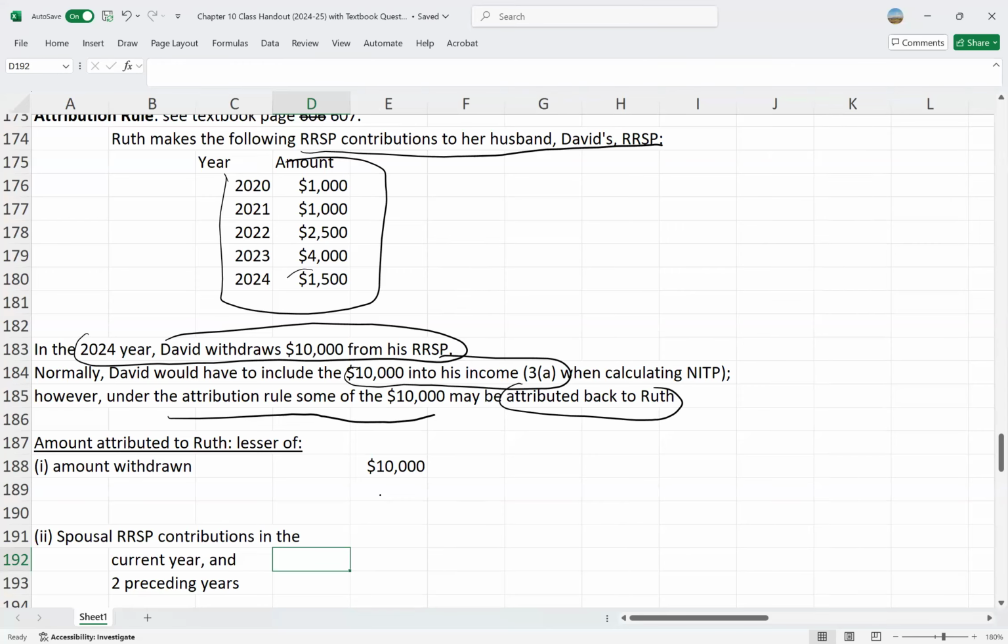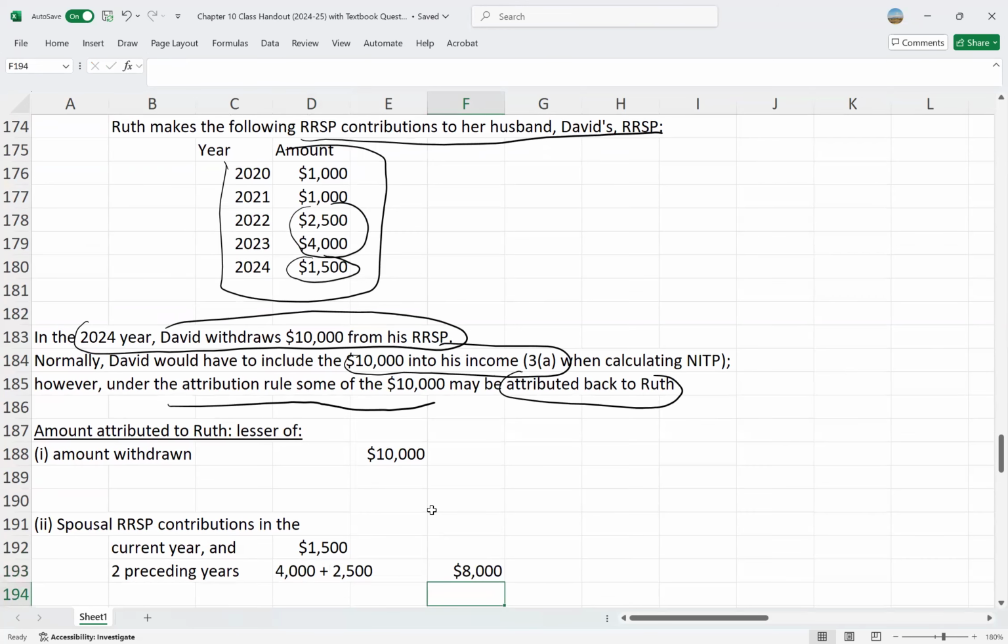The current year was 1,500, and the preceding years, 4,000 plus 2,500. And so the total of the second number is going to be 8,000. So the lesser of the two amounts is going to be the 8,000.